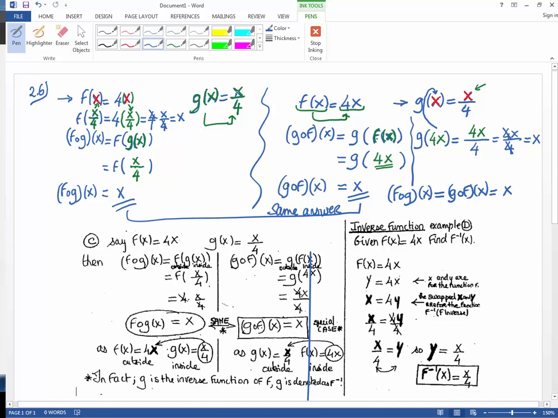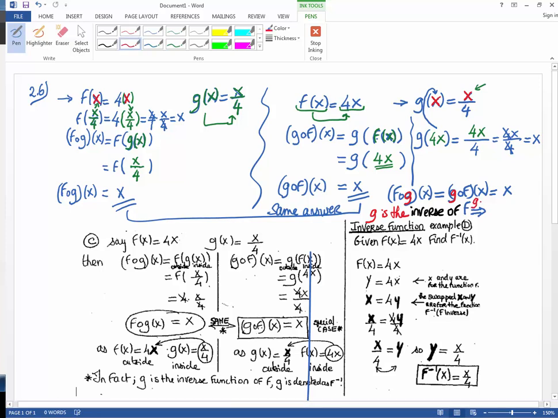So whenever that happens, that two functions operate this way, we can say that g over here is special, and we say that g is the inverse of the function f.